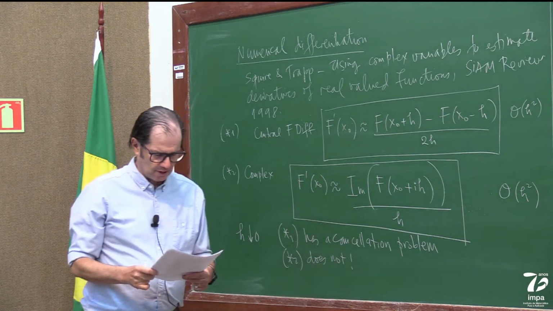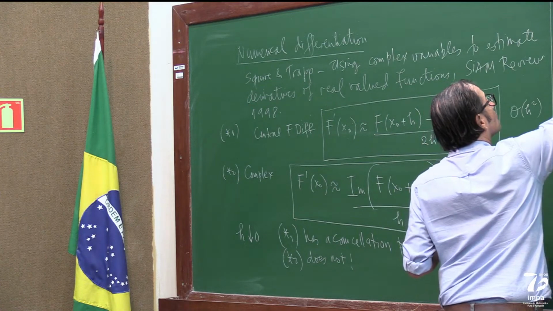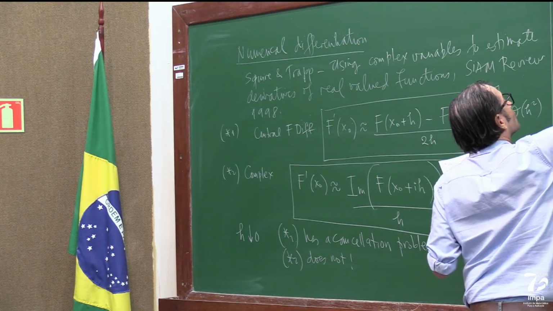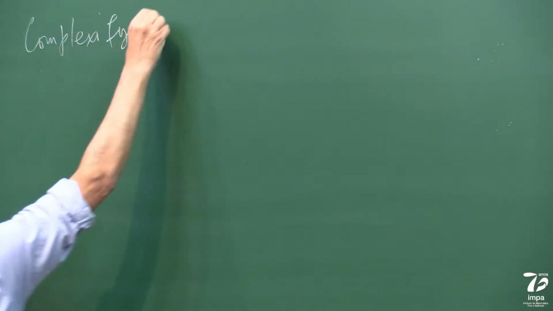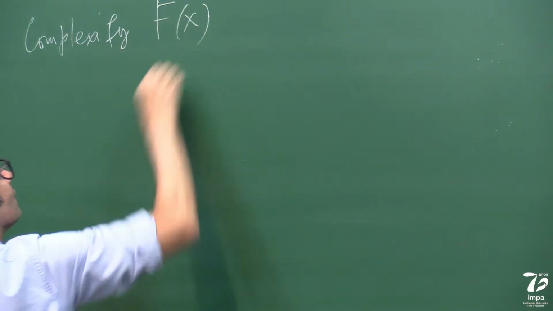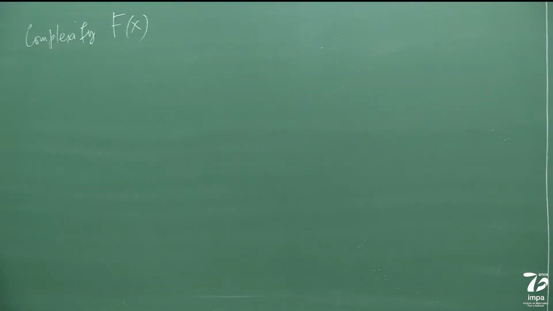Okay, so first thing, let's complexify f of x. It's a real valued function, but say, one example I might show you later on, if it's sine of x, you're going to make it sine of z, of x plus iy.